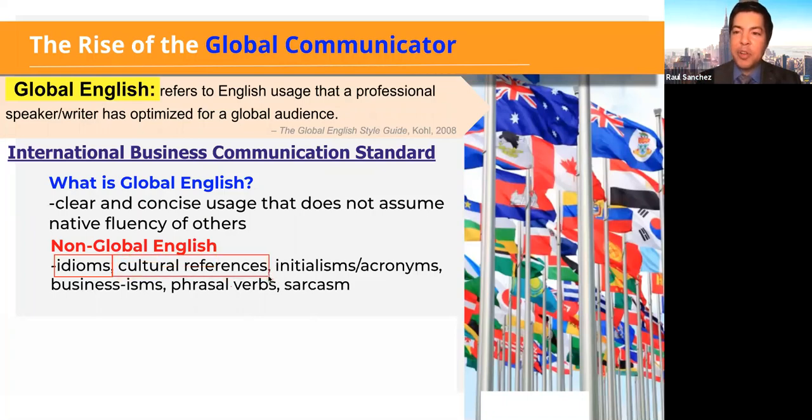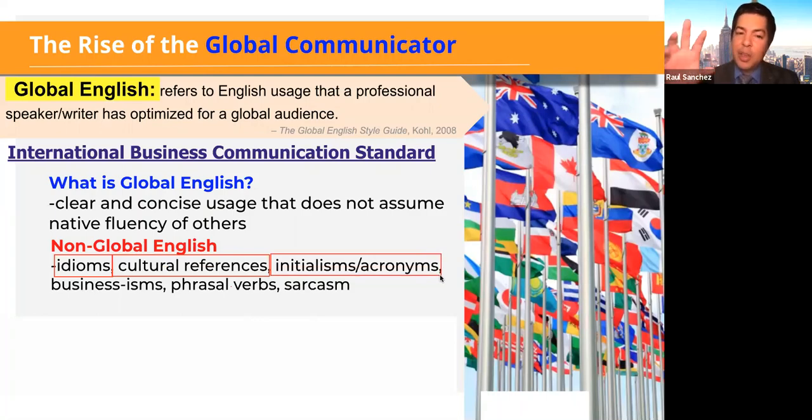Cultural references: Americans love our references to baseball. We say level the playing field, let's bring our A game, that came out of left field, okay? Whenever we're using a cultural expression, we want to make sure that expression is globally relatable and comprehensible, right? The next are initialisms and acronyms. In the government, we tend to have a lot of these abbreviations.